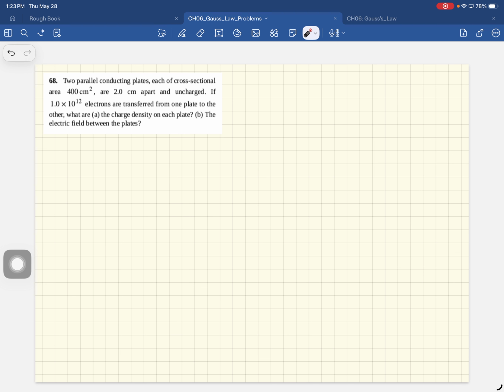Two into 9, 18 into 10 to the 7, so the electric field is 180 into 10 to the 6 Newton per coulomb. So the electric field 5 centimeters from the rod is that.